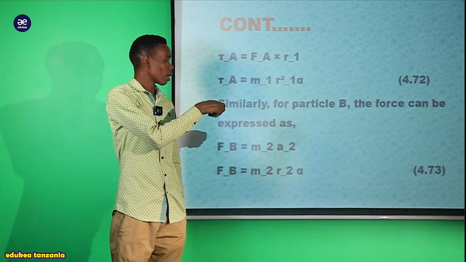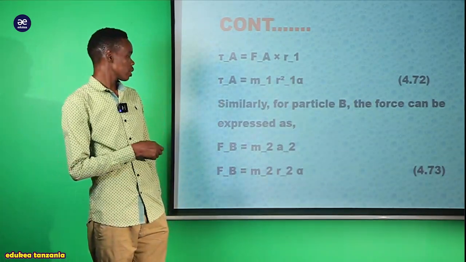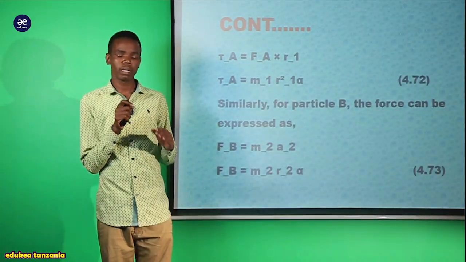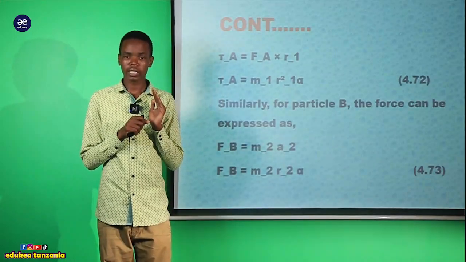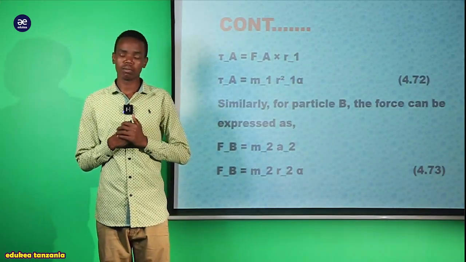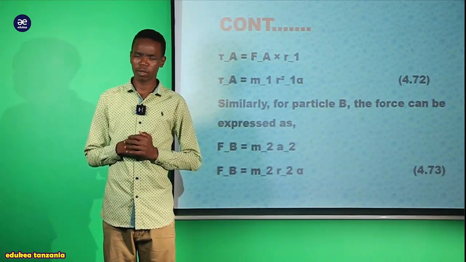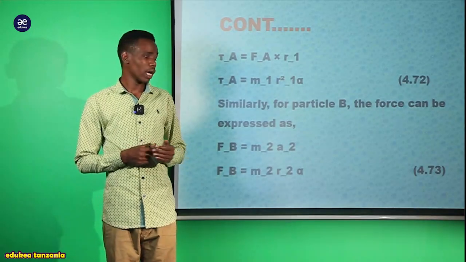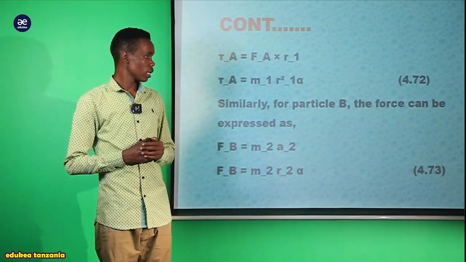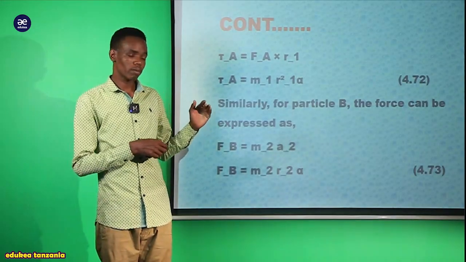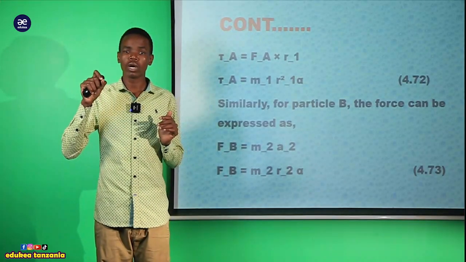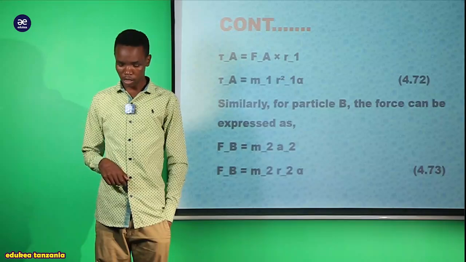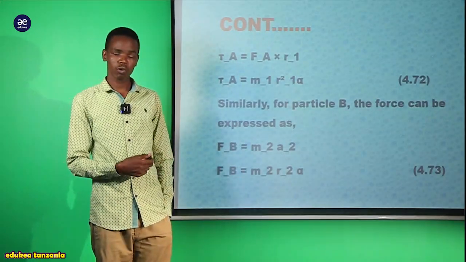When you substitute there, you get r1 squared. So in order to get the torque along point A, it must be equal to mass 1 times r1 squared, times this angular acceleration, where m1 represents the mass of the particle, r1 represents the radius or the distance from the axis of rotation up to the point where particle A was located, and this alpha represents the angular acceleration. So that is how we are demonstrating.